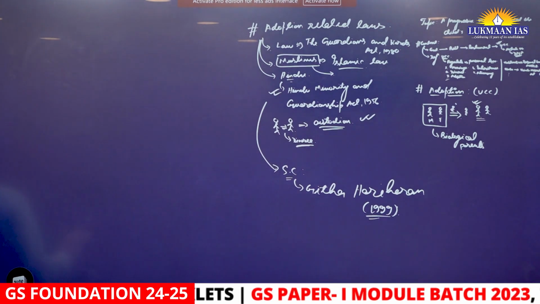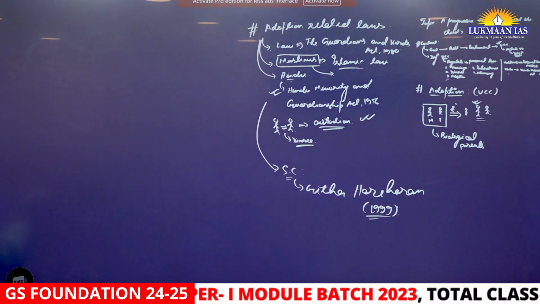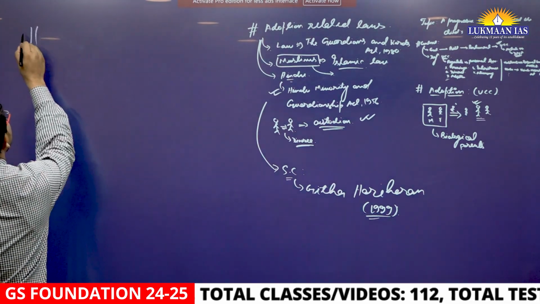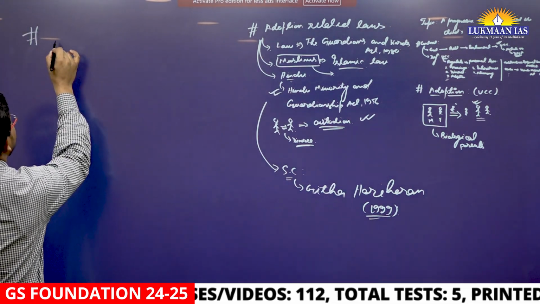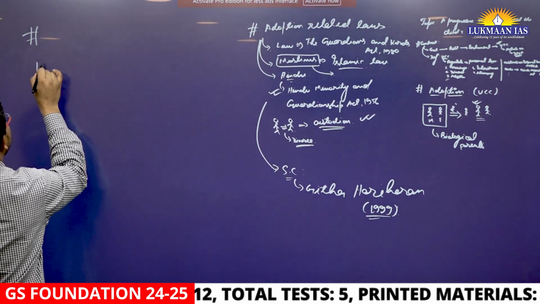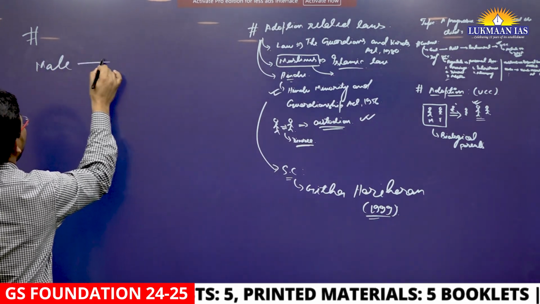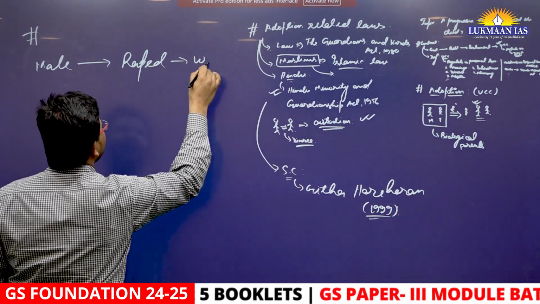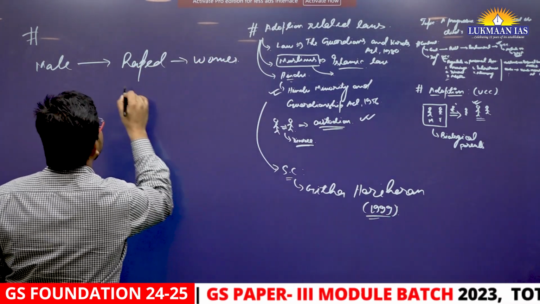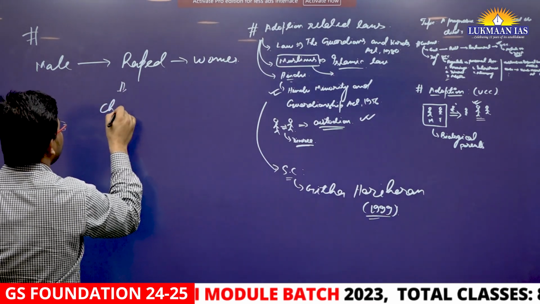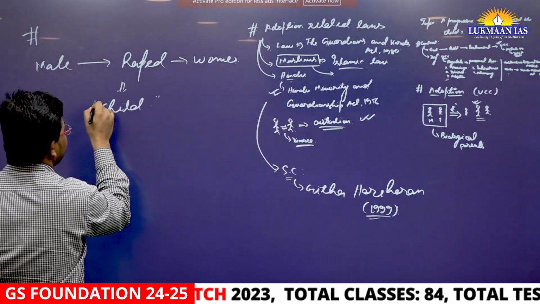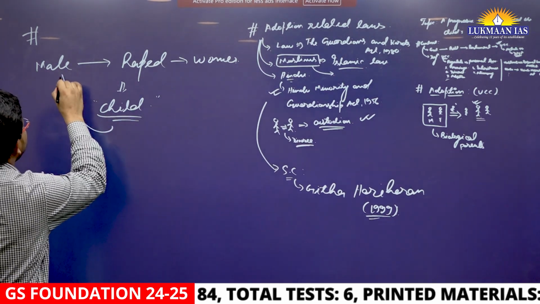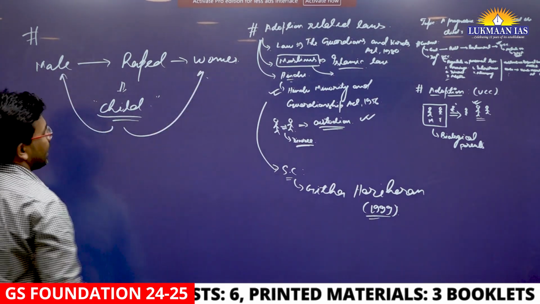Apart from this, in this article itself they have mentioned many cases also. For example, they have mentioned a male person who has raped a woman, and out of that they had a child, and the custody of the child was sought by the male partner and also by the female partner.